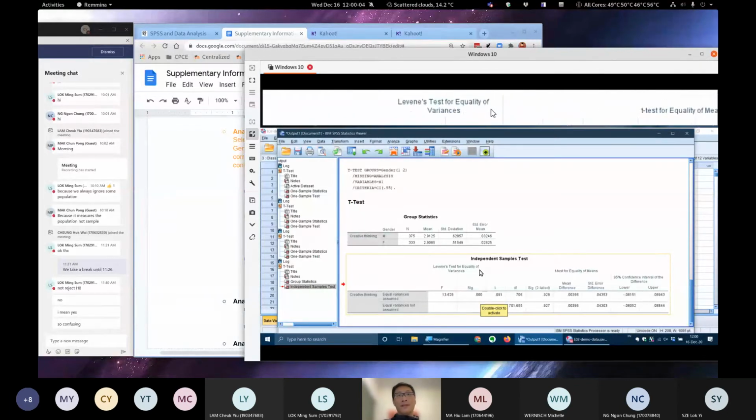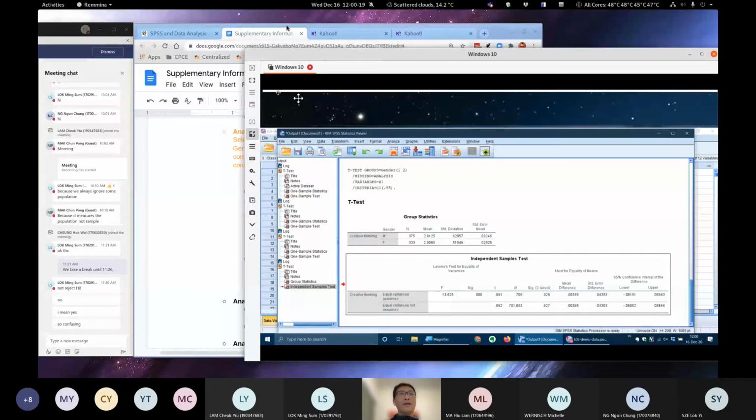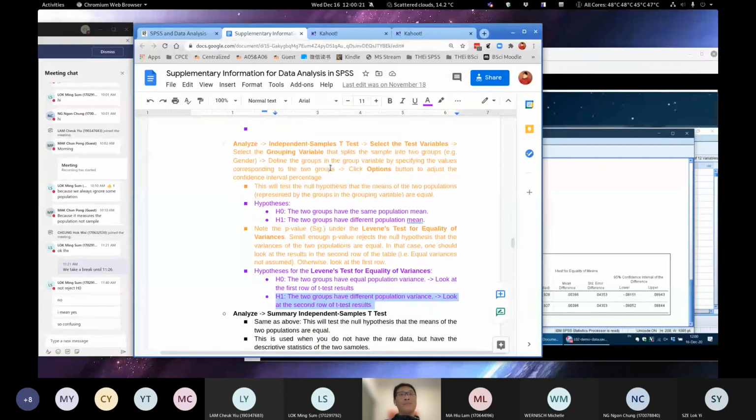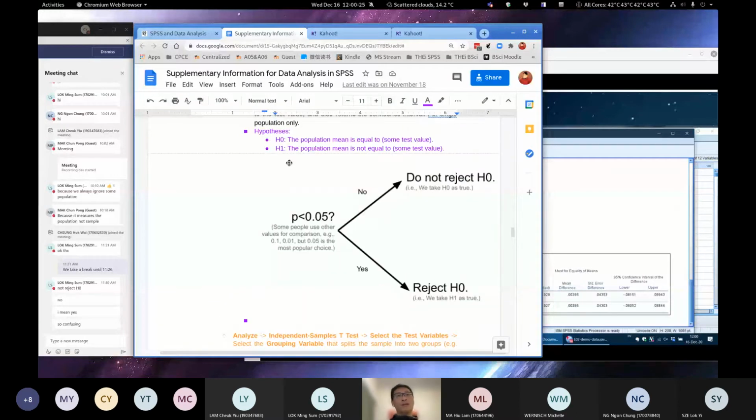Okay, now the test for the equality of variance, the p-value is 0.000. So look at this value, and we can use the same tree diagram as before to draw the conclusion. So p is equal to 0.000. Obviously, it is smaller than 0.05.